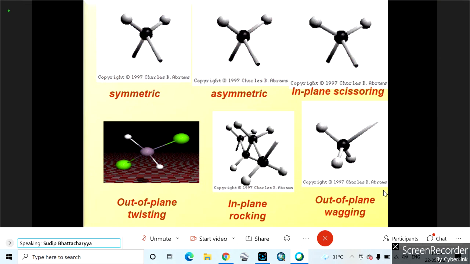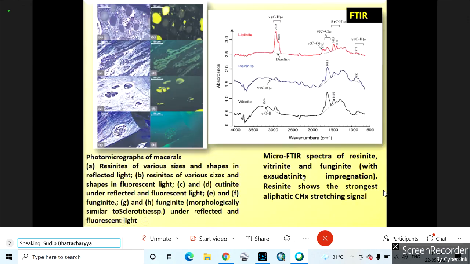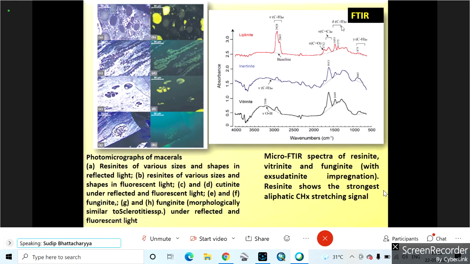And we have seen that different types of spectroscopic evidence are coming, based on which we are getting this type of signature in infrared spectroscopy, called Fourier transform infrared spectroscopy. For each maceral, inertinite, vitrinite, liptinite, we have got different signatures, just like XRD.